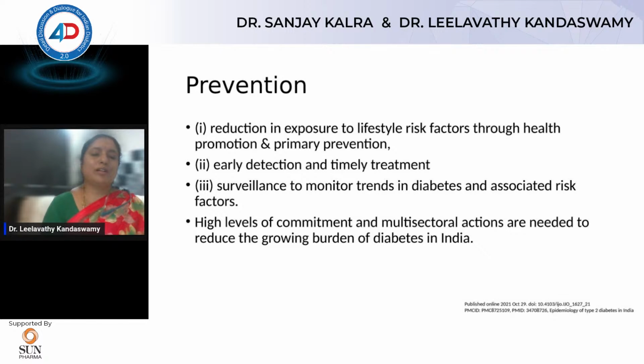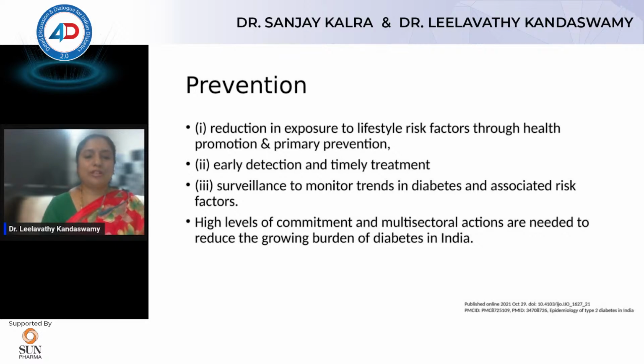The most important thing for prevention is addressing the risk factors. Before we talk about the treatment, it is important to prevent mainly by awareness talks and health promotion, and once we diagnose, access to healthcare is more important so that we can detect early and give appropriate treatment.